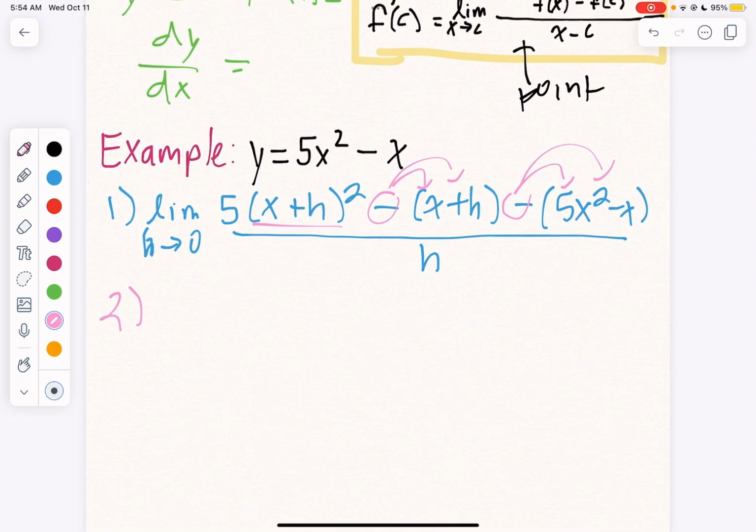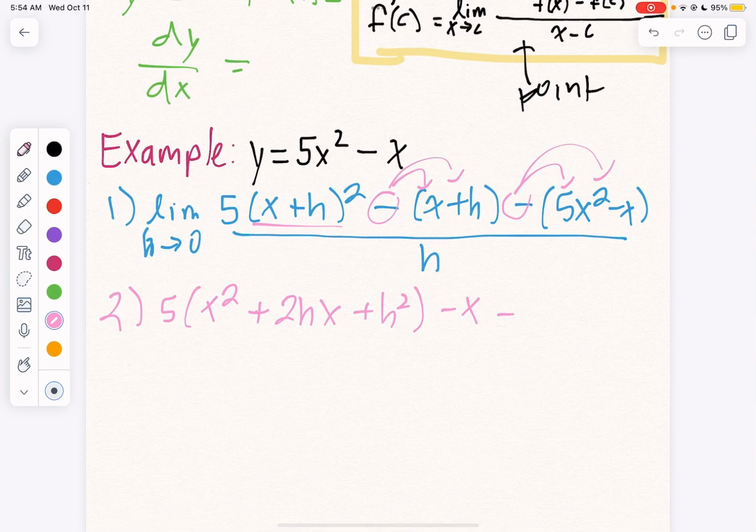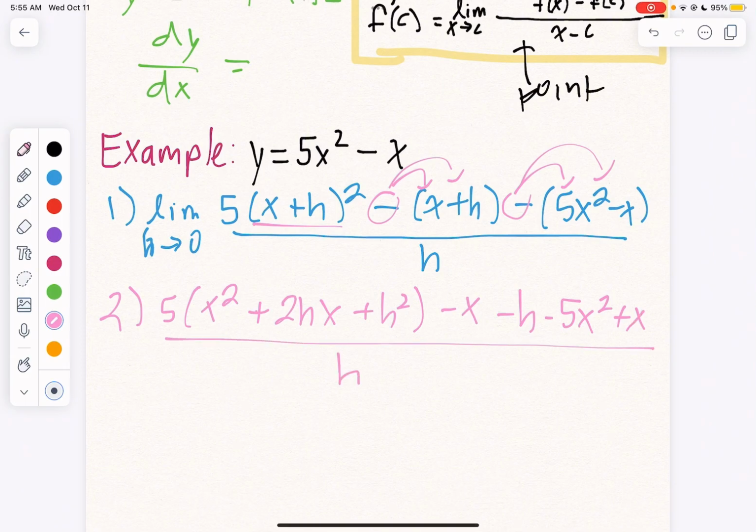So this will end up being 5 times x squared plus 2hx plus h squared, minus x minus h minus 5x squared plus x. Once again, this will all be over h.